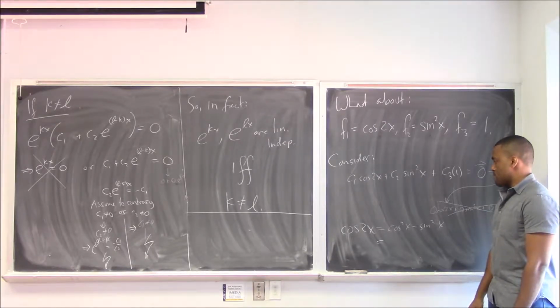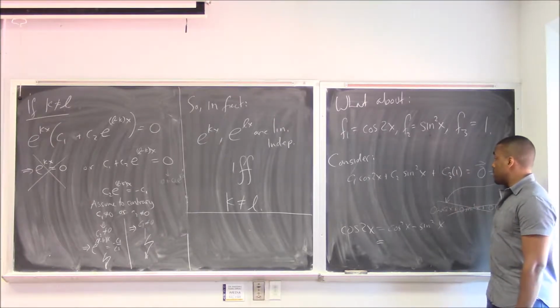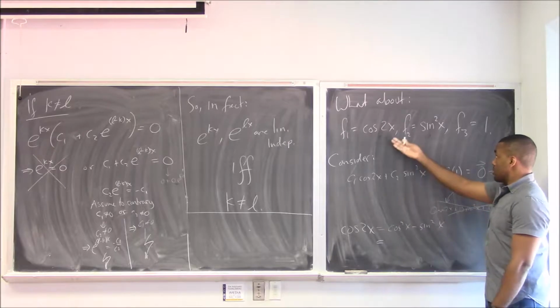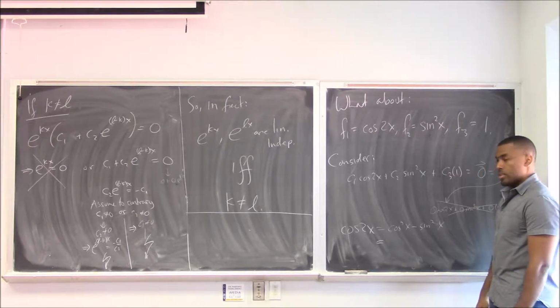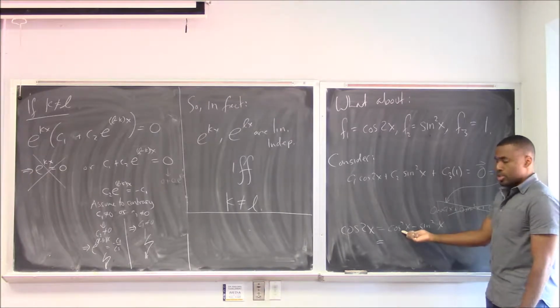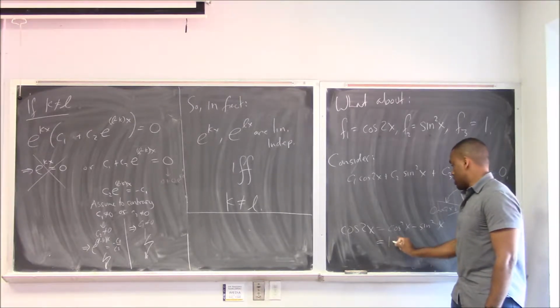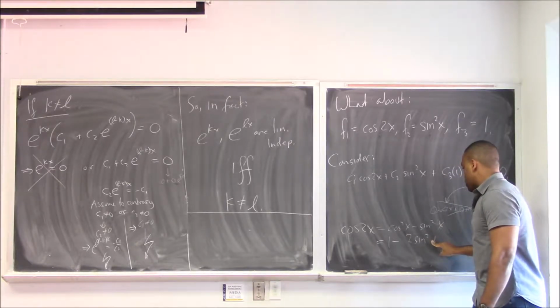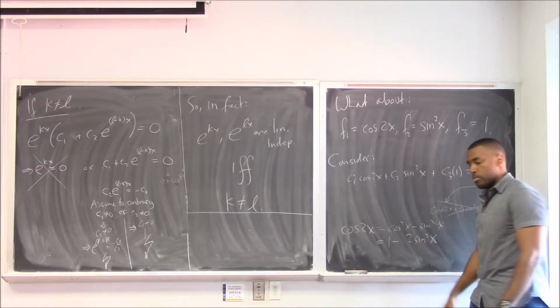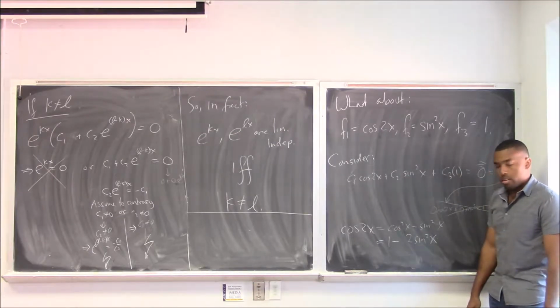Let's try to rewrite it in terms of these guys we have here. So the cosine squared is not mentioned, so let's get rid of it. How can we get rid of cosine? Right, cosine squared is 1 minus sine squared. This actually is 1 minus 2 sine squared x. You can also think of it as 2 cosine squared x minus 1, right?